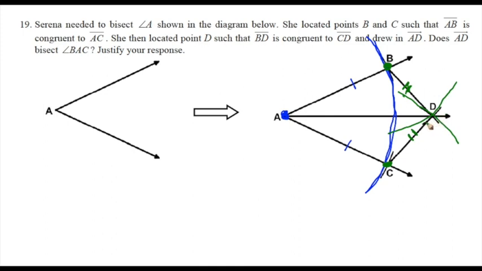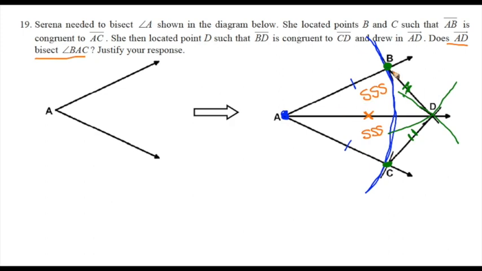They're congruent. If you look at the two triangles individually, realize that they both share a side. So by the reflexive property, we can say that AD is congruent to AD. Hence, these two triangles must be the same by side, side, side. Because the two triangles are the same, and we want to talk about whether AD bisects BAC.